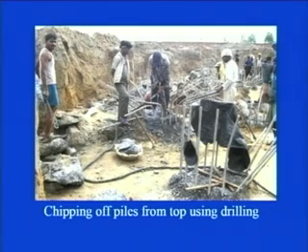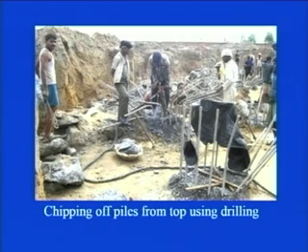Let us say it is a kind of raft that will join all the piles. We will be seeing a typical view of that also. Then you will appreciate why exactly it is necessary to expose some of the reinforcement from the top of the pile.